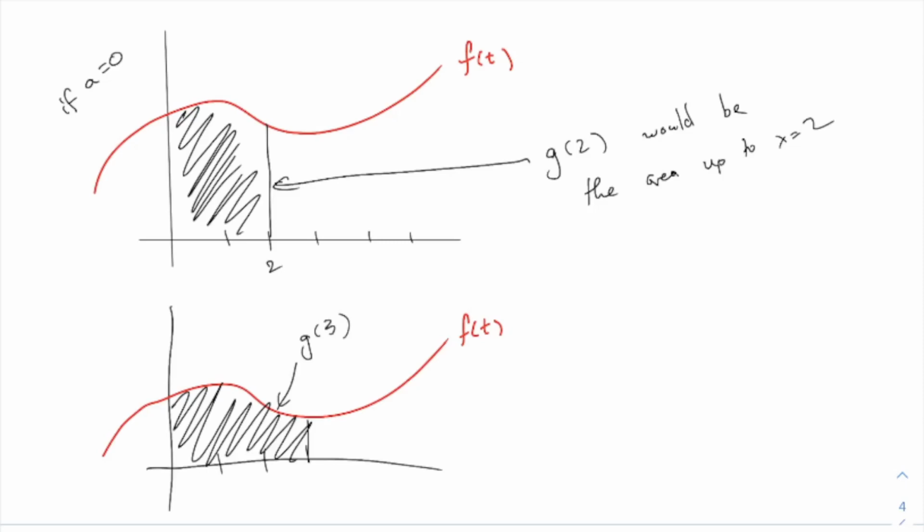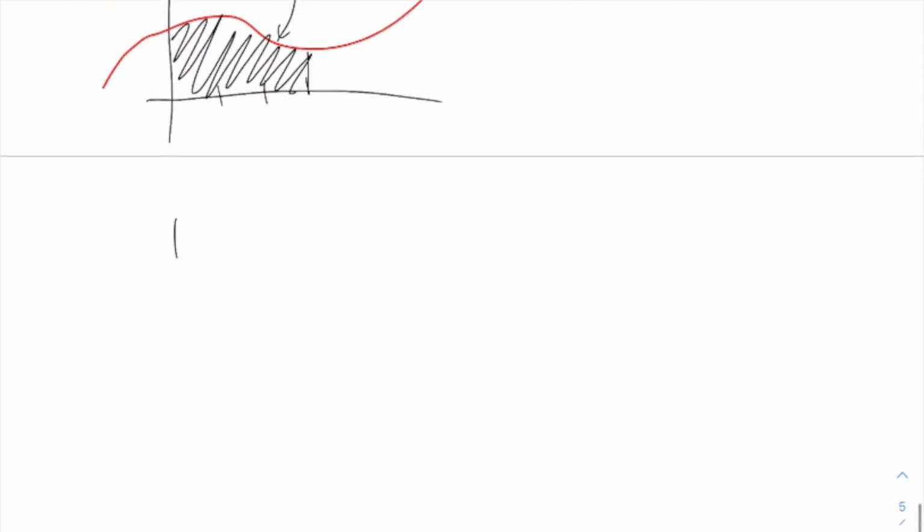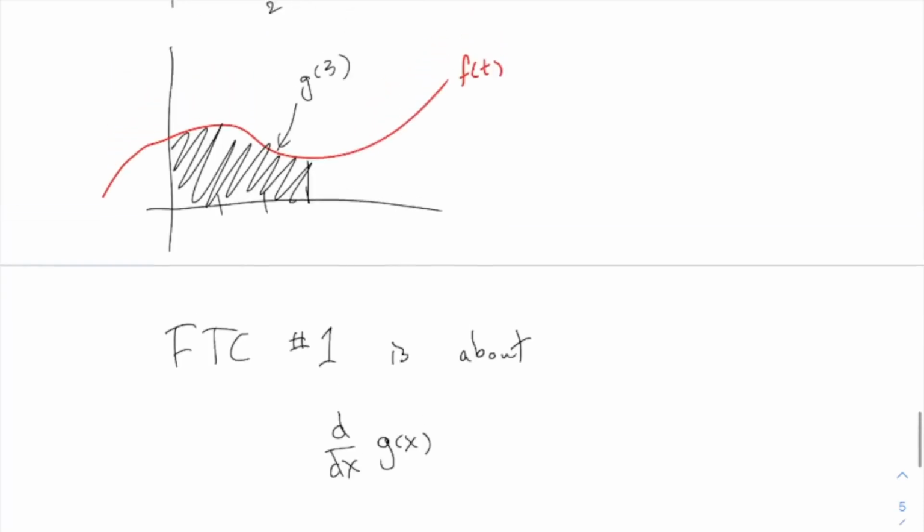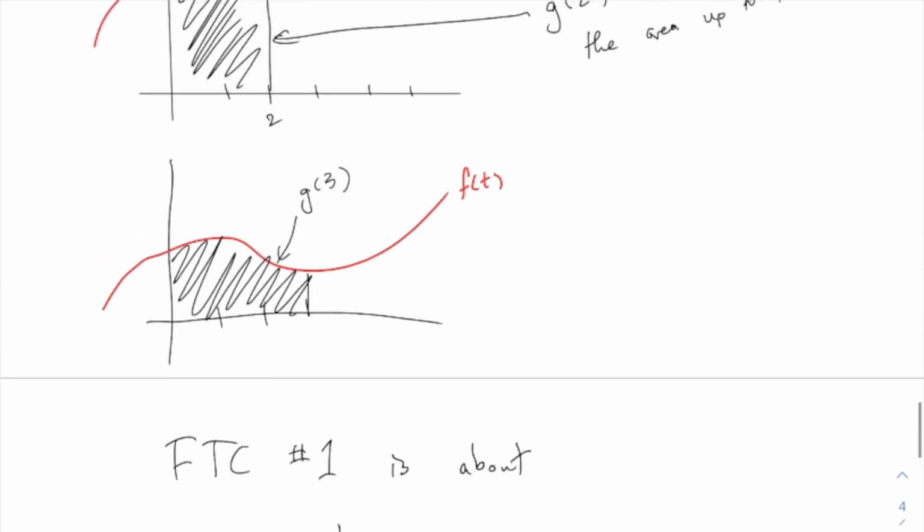And the fundamental theorem is about that weird function g, the area up to a particular point. The fundamental theorem of calculus, version number 1, is about something even weirder. It's about the derivative of g of x. That area up to a particular point. This is 3. I meant to label that.